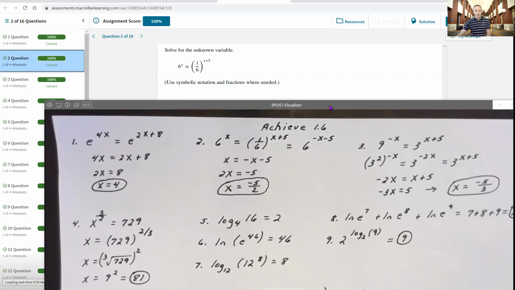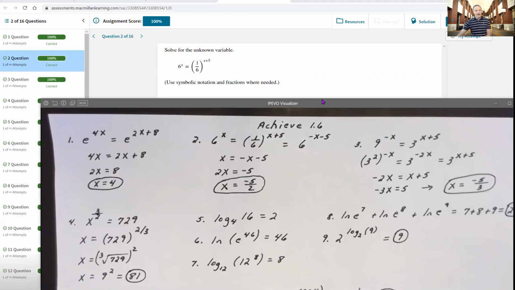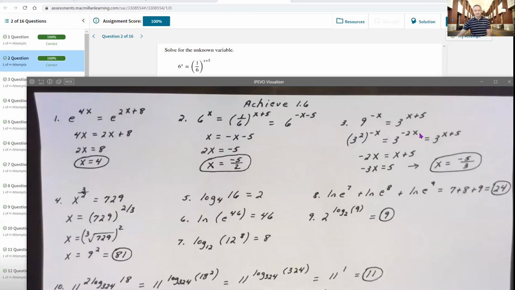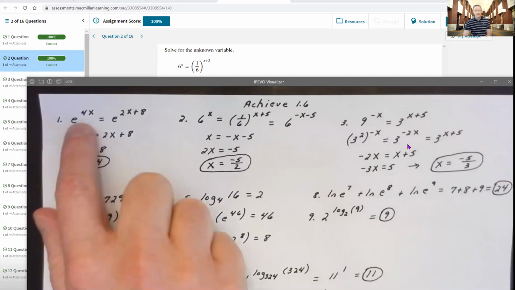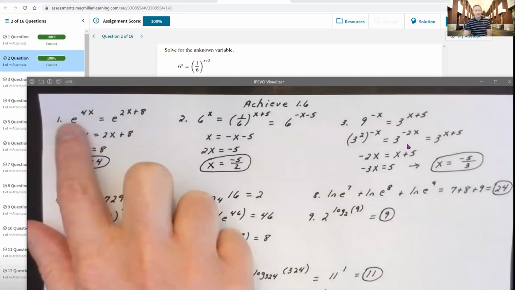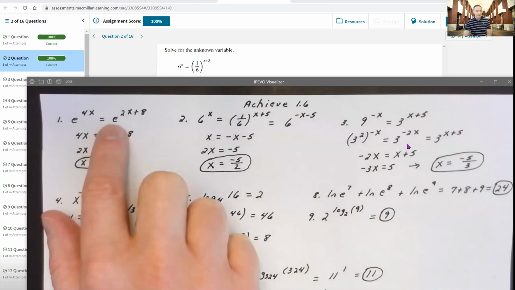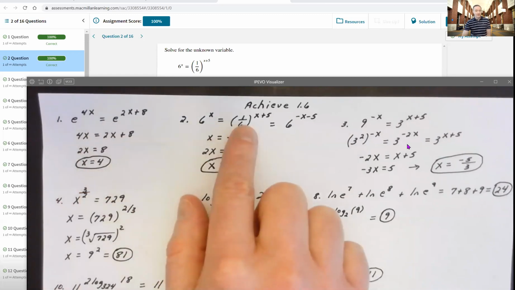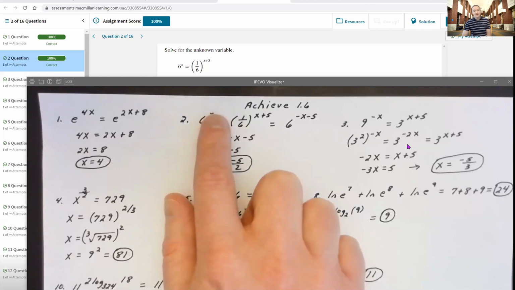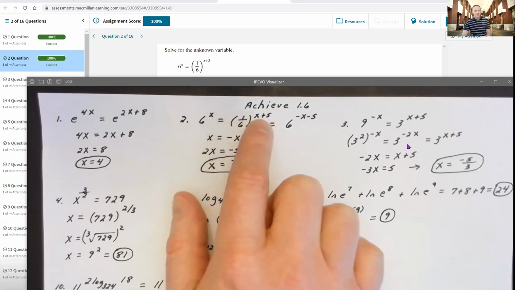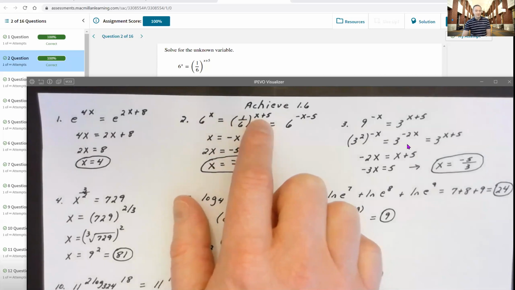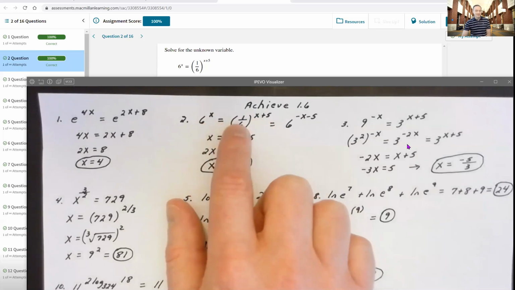it was fortunately correct. Now, I like the second one better here because instead of just giving us the simple case where the bases are already the same, the bases are not the same, but we can work to get them to be the same. So if I have 6 to the x is equal to 1/6 raised to the x plus 5 power, what I did there is I thought, well, 1/6 is the same thing as 6 raised to the negative 1 power.